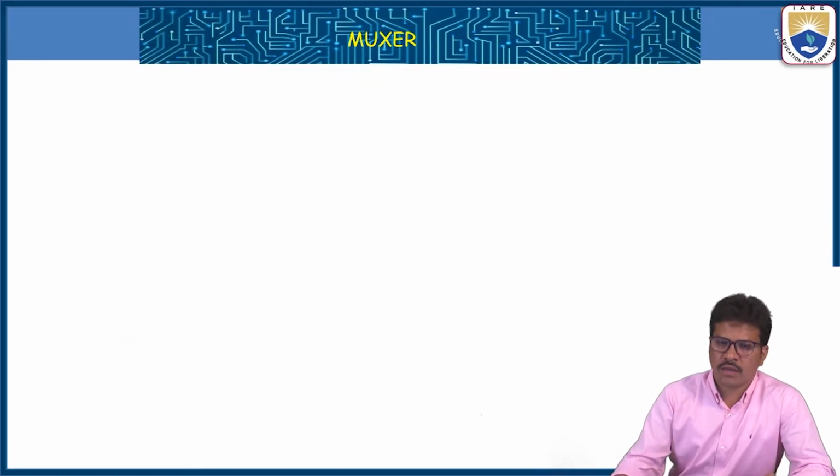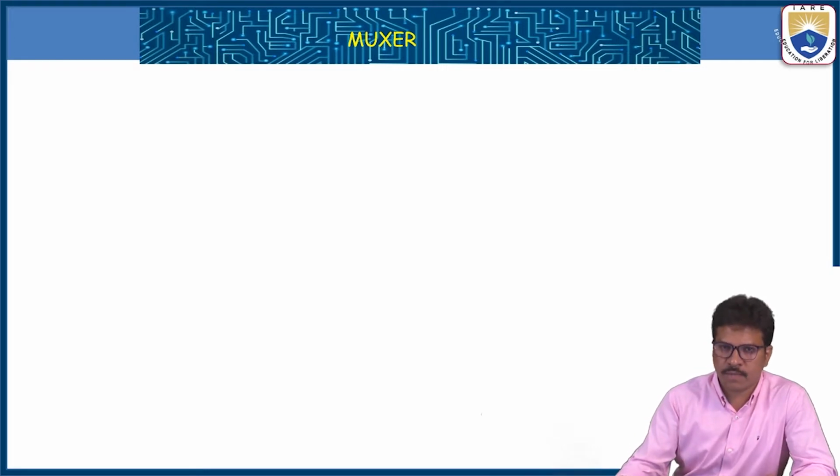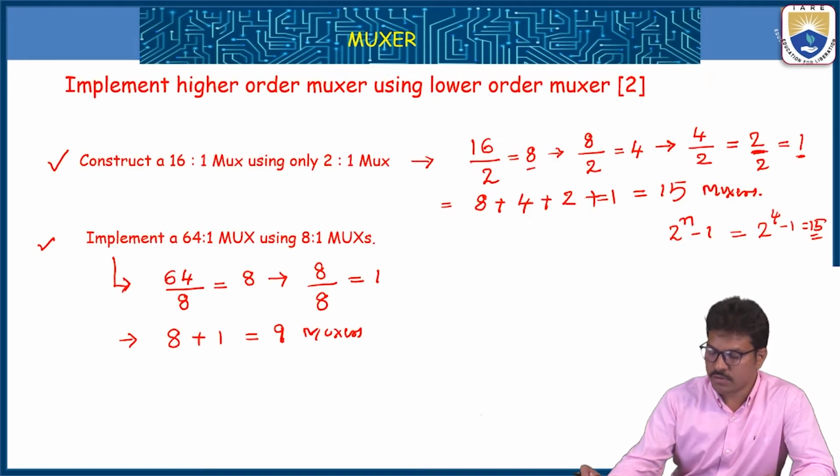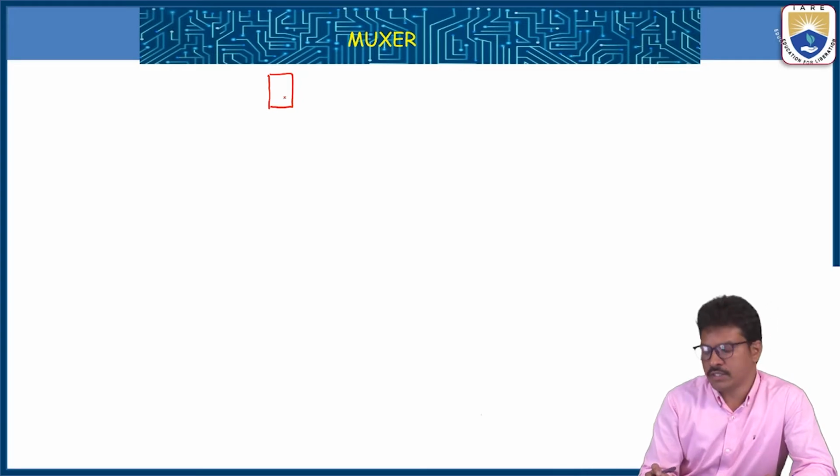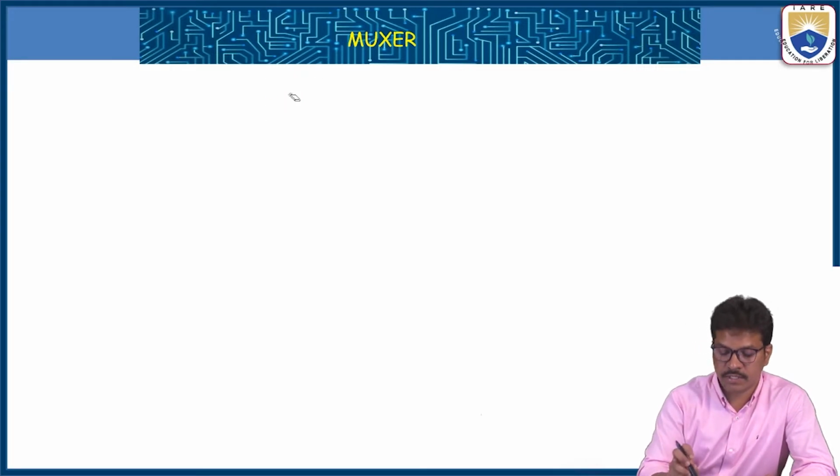Whatever the given multiplexer is, 2 by 1 multiplexer, take the 2 by 1 multiplexers. If you take the 2 by 1 multiplexer, is the space enough?